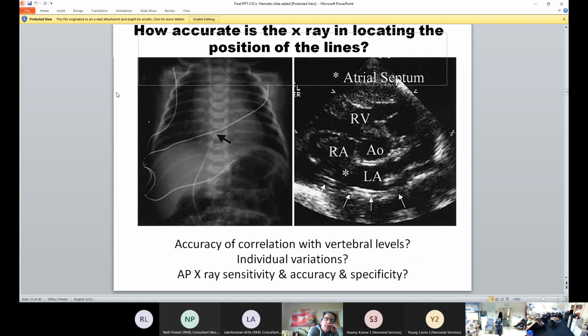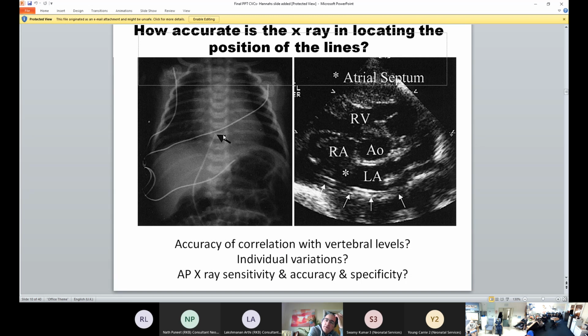That's a question which I personally don't know the answer to, but it's an open question about how accurate or reliable the X-ray is in verifying the position of the umbilical lines. Why am I asking this question?